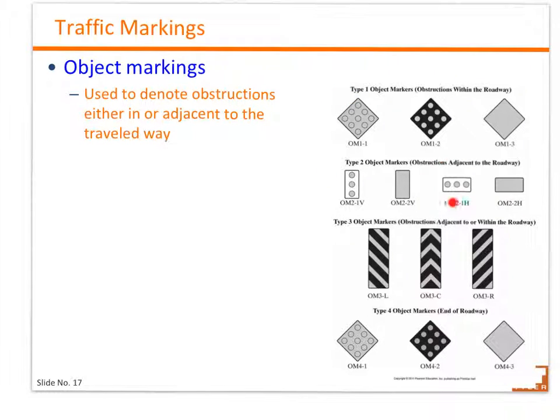Type 2, object markings to show obstructions adjacent to the roadway. And also type 3, which are object markings that show obstructions adjacent to or within the roadway, all the way to type 4, which shows you the end of the roadway. So they are very important, and we typically use them in so many cases.